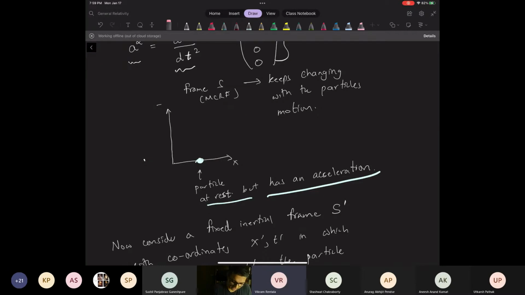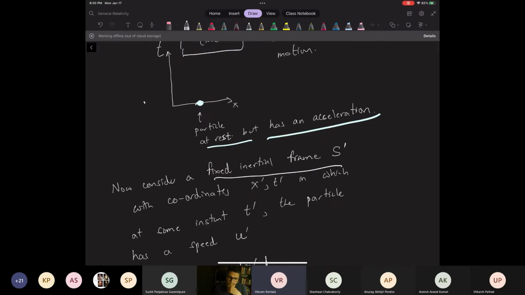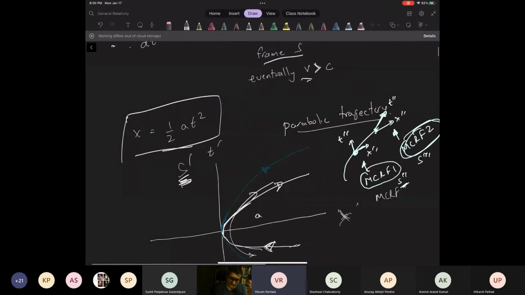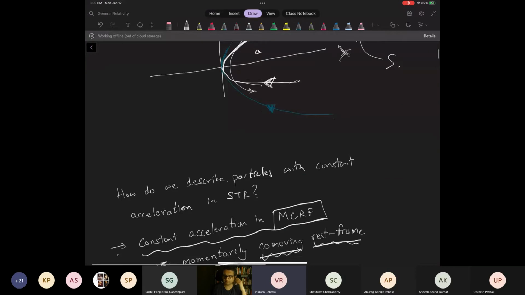At some time along the trajectory, I label the MCRF of the particle by a frame S. And S prime will be some fixed inertial reference frame. Let's say S prime is the frame that we started looking at this particle in, and the MCRF is this frame S over here. This is just the label that I'll use.